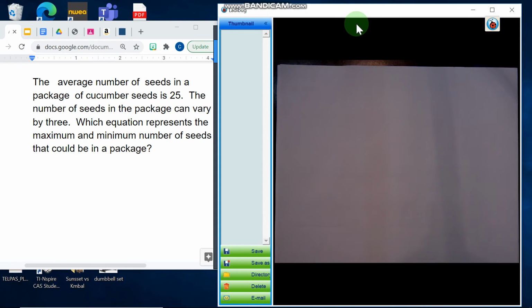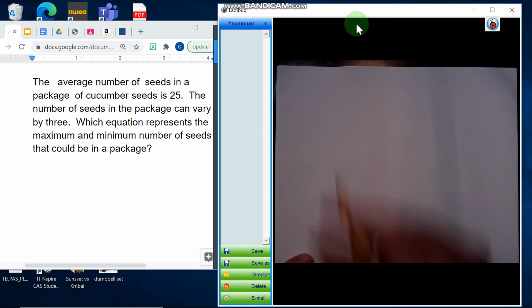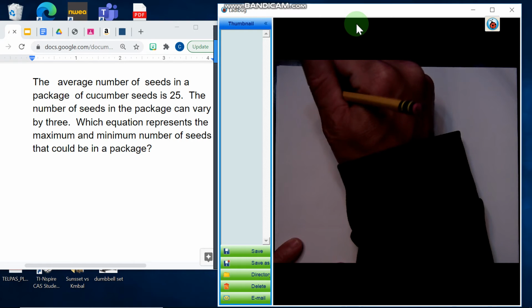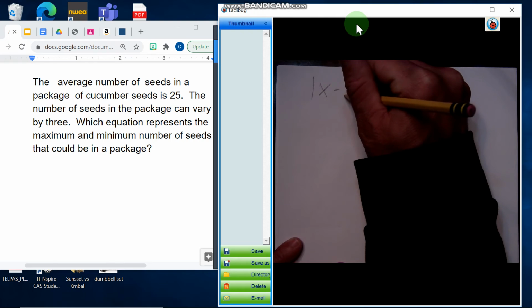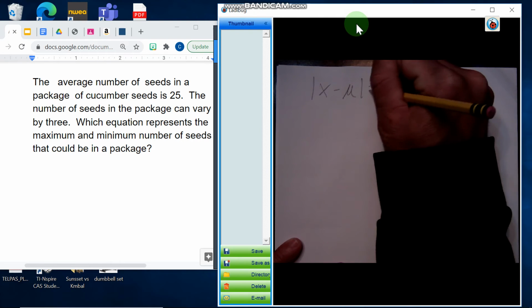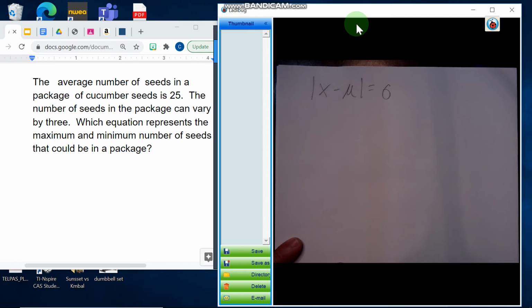Okay, so our next example problem. The average number of seeds in a package of cucumber seeds is 25. The number of seeds in the package can vary by 3. Which equation represents the maximum and minimum number of seeds that could be in a package? We're going to write that equation. Again, formula x minus mu equals sigma, because this is a maximum and minimum question.